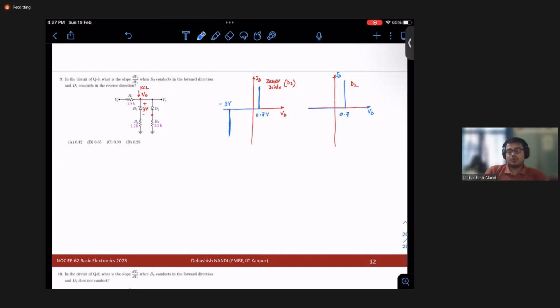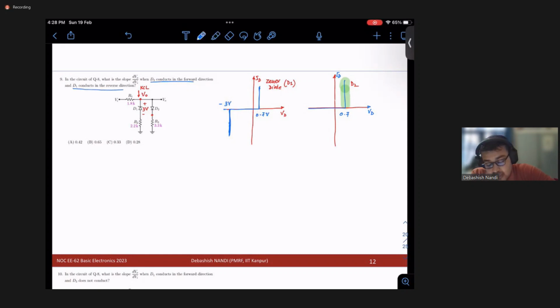In the question it is mentioned that D2 conducts in the forward direction. That means our operation regime would be this line. And D1 conducts in the reverse direction.